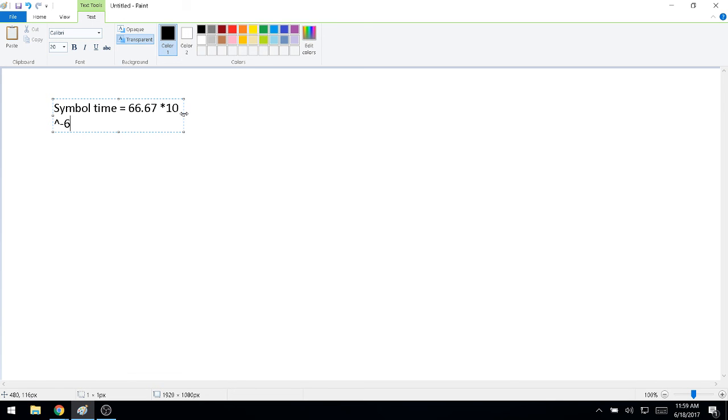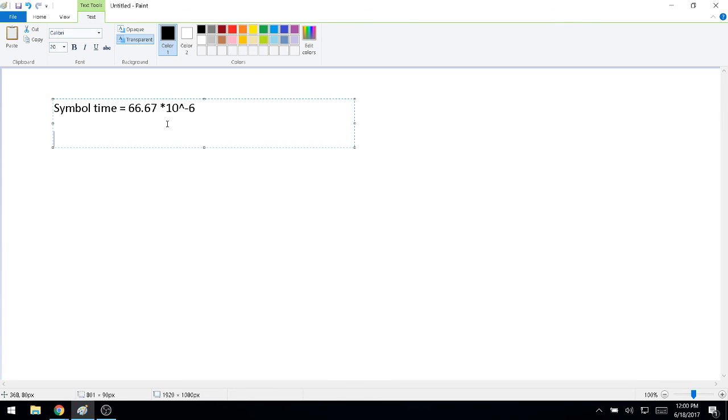That time is basically saying how long an individual symbol lasts. So that's the amount of time that one individual symbol takes up in transmission. If that's how long one individual symbol takes, we can figure out how many symbols there are per second.